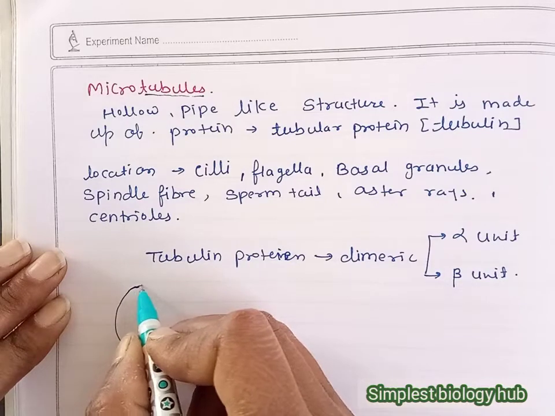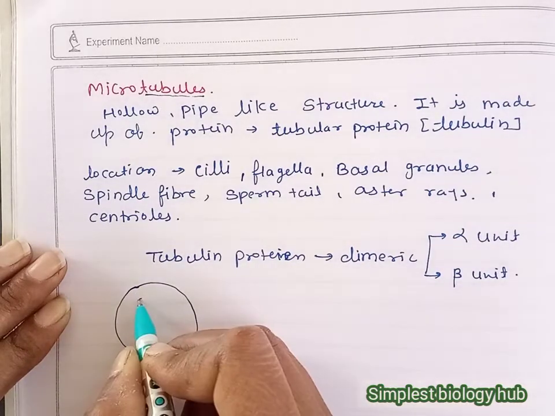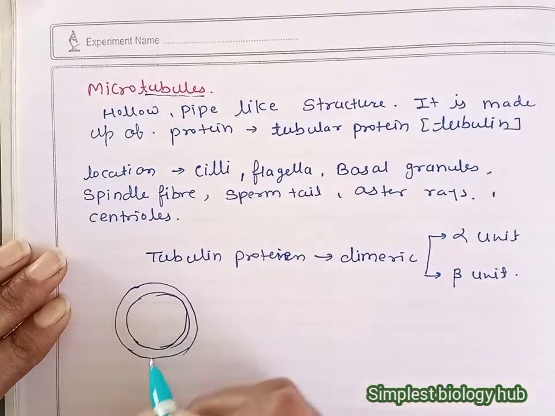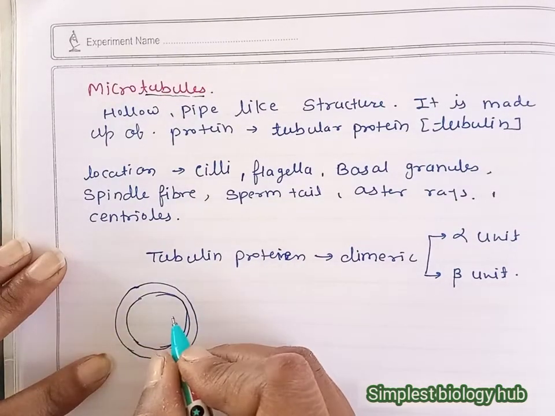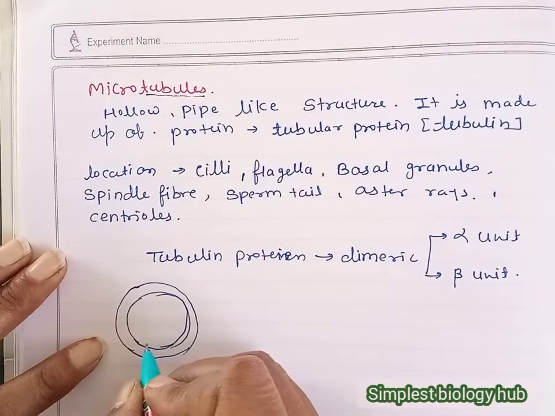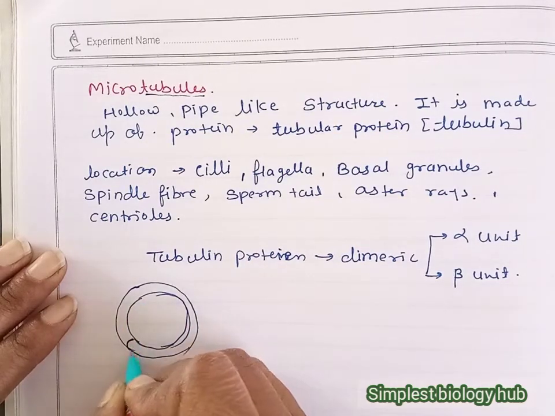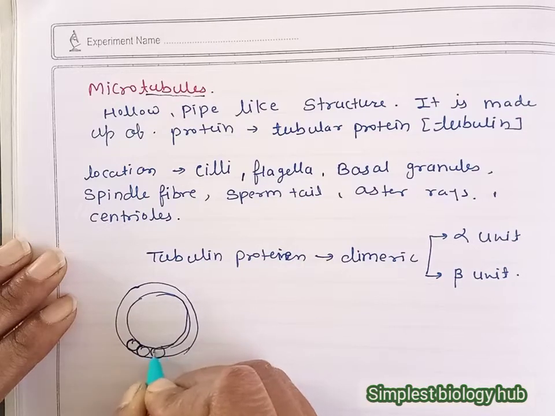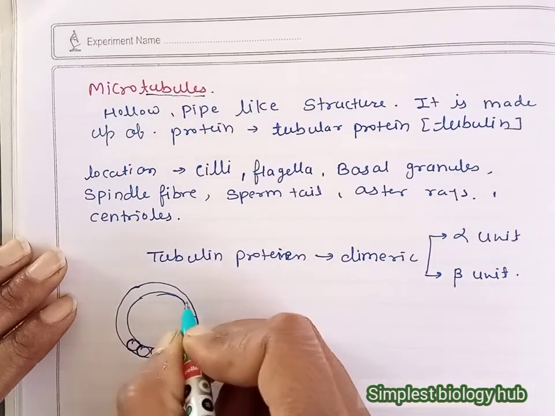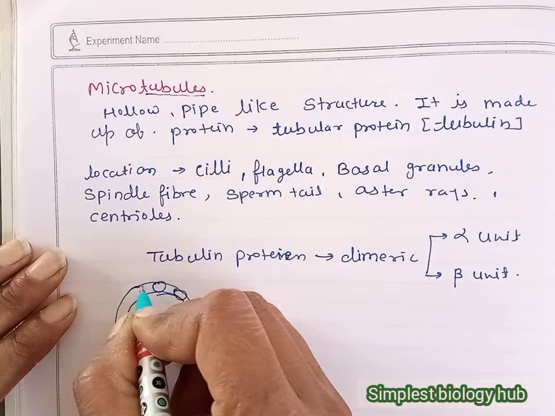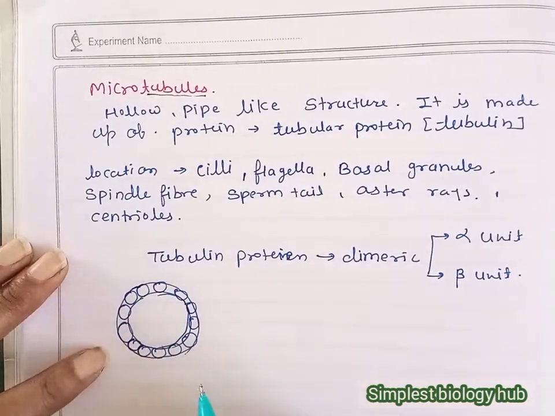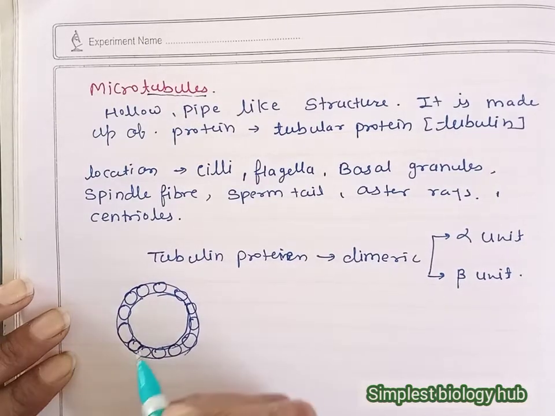They are internally hollow structures having a wide lumen, and the tubular part around the lumen is divided into 13 parts, or 13 protofilaments combine to form a single tubular part. Here we draw the 13 parts: 1, 2, 3, 4, 5, 6, 7, 8, 9, 10, 11, 12 and 13.